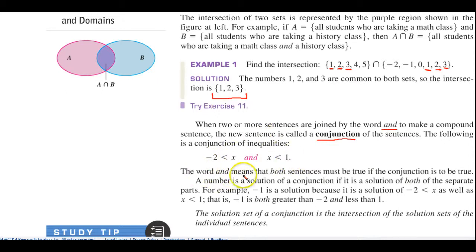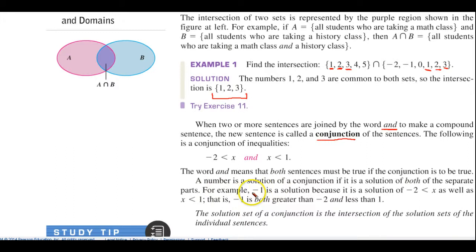Now, the word "and" means that both sentences must be true if the conjunction is to be true. A number is a solution of a conjunction if it is a solution for both of the separate parts.